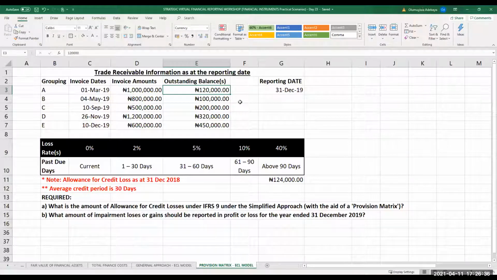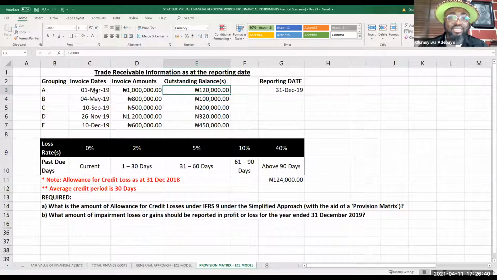Yes, it's past due. It's more than 30 days. If you check, 30 days from 1st of March, you should have paid latest by 30th or 31st of March. The old 1 million, but you still have 120 outstanding, which means it's past due.